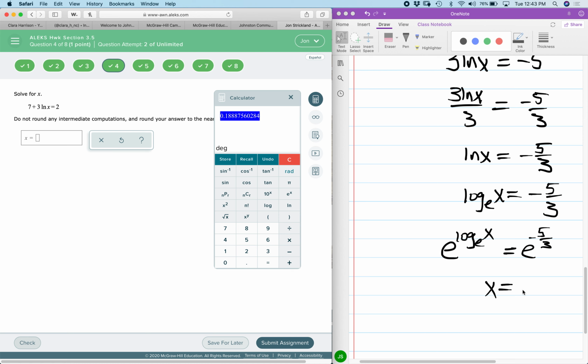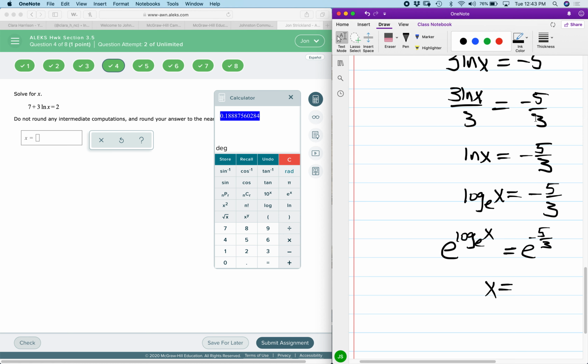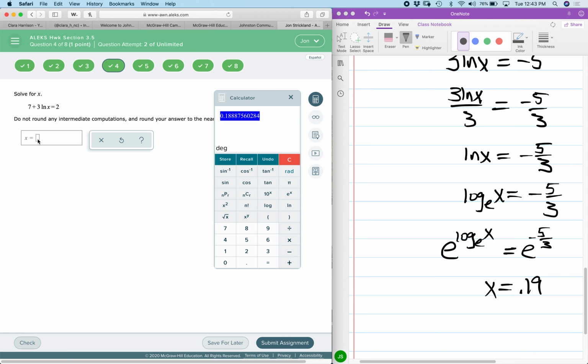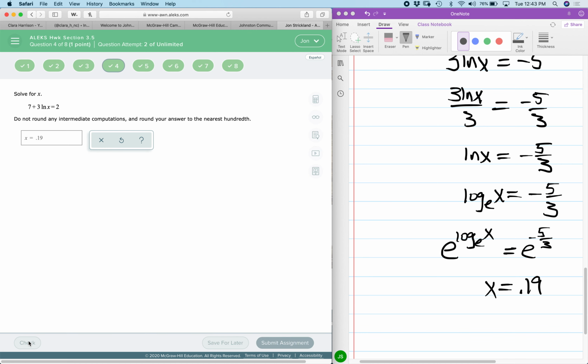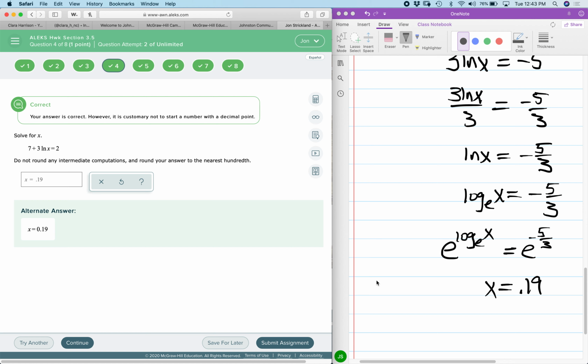To the nearest hundredth, that is the nearest 2 decimal places. So you get 0.1888, and to the nearest 2 decimal places, x is equal to 0.19. Then upon checking, the result is correct.